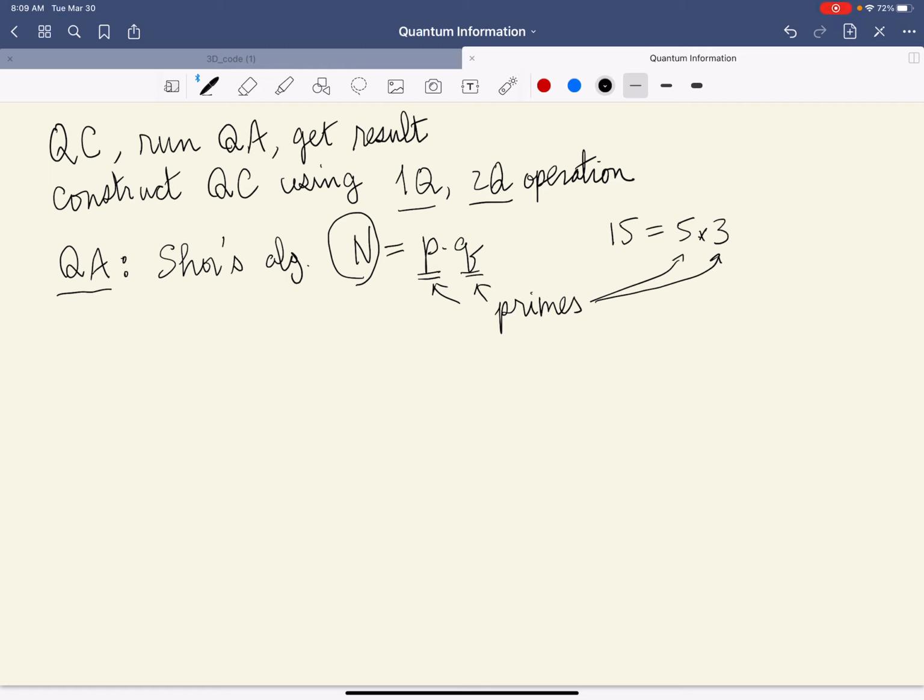And what Shor discovered theoretically was that if you had a quantum computer at your disposal, then factorizing a large number into its parent primes becomes exponentially easier. By easier, I mean it can be accomplished on a time scale that is exponentially faster than any classical computer.